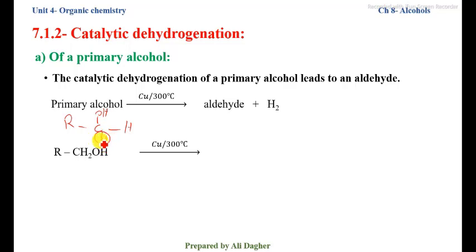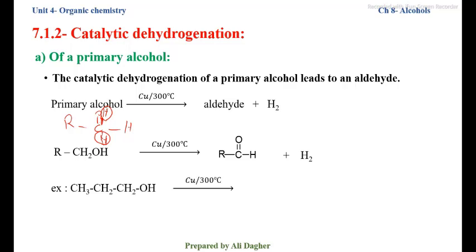We eliminate the hydrogen from the functional carbon and the hydrogen from oxygen, and a double bond is formed to have RC double bond O single bond H, that means aldehyde, plus H2 eliminated. Example: CH3, CH2, CH2OH, 1-propanol, gives CH3, CH2, C double bond O, single bond H, aldehyde plus H2.